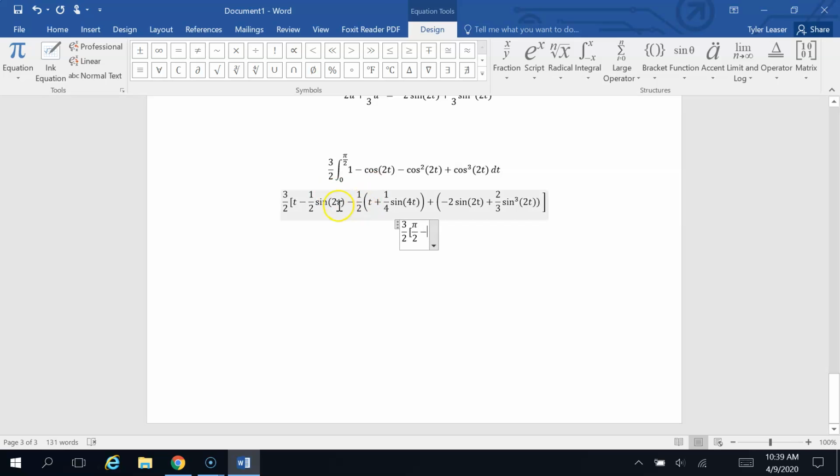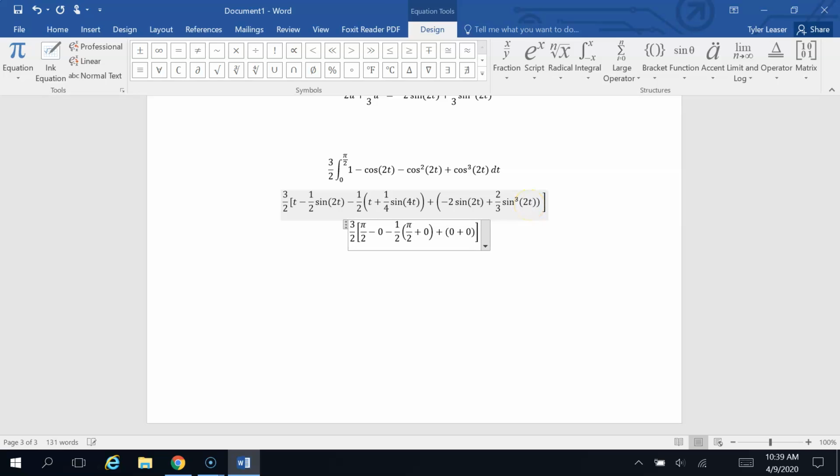Minus, if I plug pi over 2 into here, 2 times pi over 2 is pi, and sine of pi is 0. All right, and that's going to be minus 1/2 times t, pi over 2, plus, again, plugging pi over 2 into here, pi over 2 times 4 is 2 pi, and sine of 2 pi is 0, plus 0 plus 0.